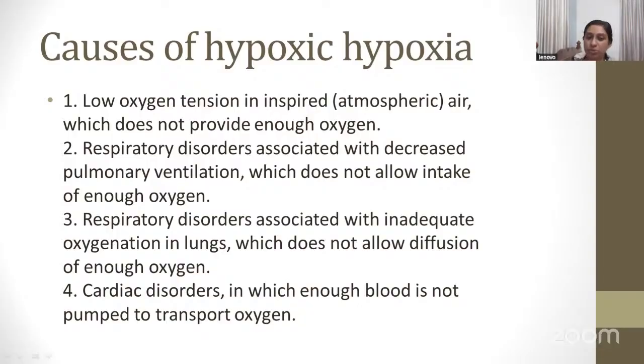Or it can be due to respiratory disorders associated with decreased pulmonary ventilation, which does not allow the intake of enough oxygen. Proper arterial oxygen content cannot be maintained. Also, inadequate oxygenation of the lungs does not allow the diffusion of enough oxygen. Also, in cardiac disorders in which enough blood is not pumped to transport oxygen. In all these cases, it can lead to hypoxic hypoxia.